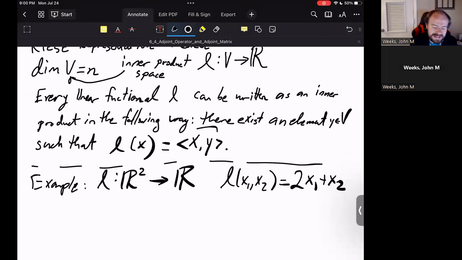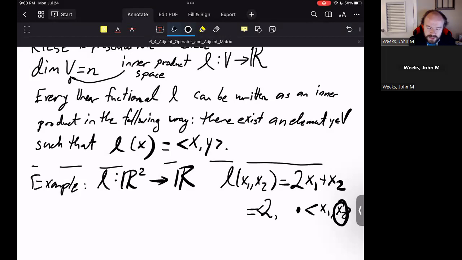Now, how can we write this as an inner product? Well, we could start by separating out what x1 and x2 are here and make them their own vector again, and ask, what should we take the dot product with for this vector so that we get this value back, 2x1 plus x2? Well, x1 is multiplied times 2, so why not make the first component 2?